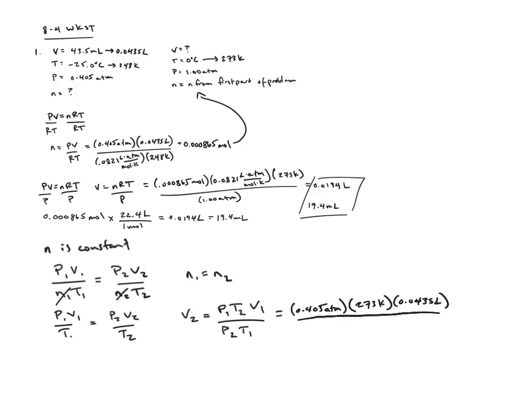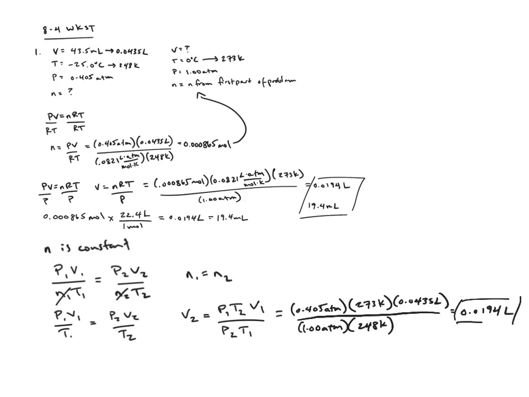All of this divided by P2, which is 1.00 atmospheres, times T1, which is 248 Kelvin. I'm going to do it on the calculator just to make sure that it works: 0.405 times 273 times 0.0435 divided by 248, and we get 0.0194. So that should look very familiar.